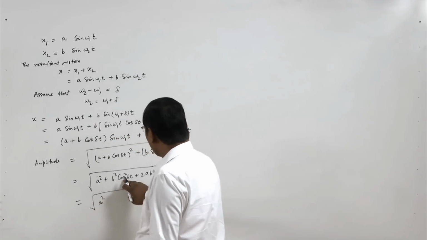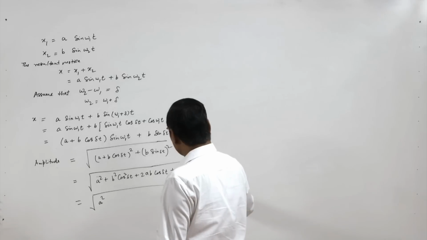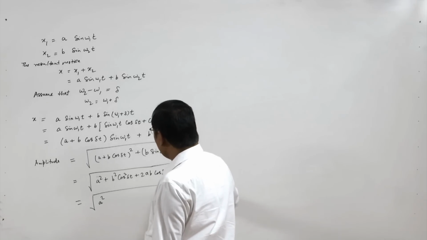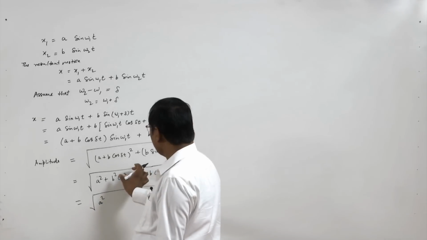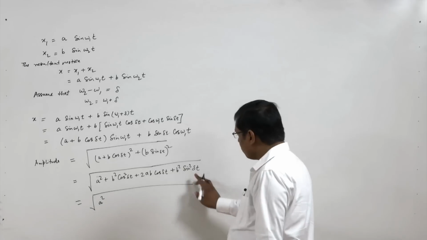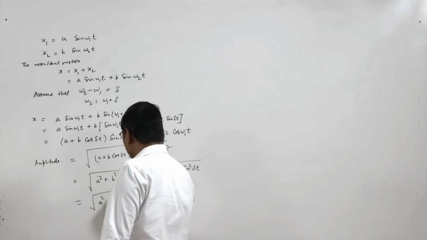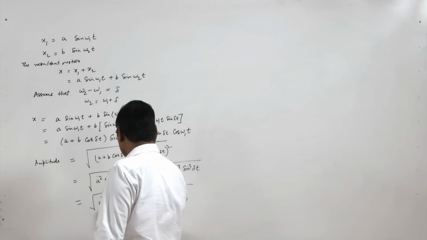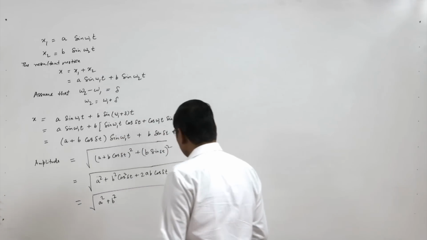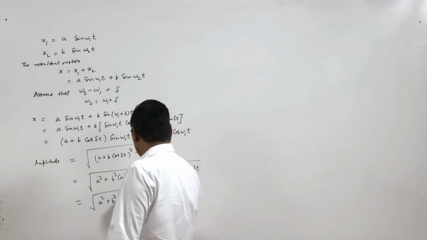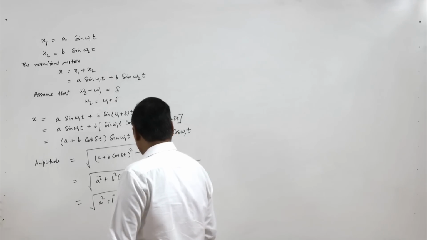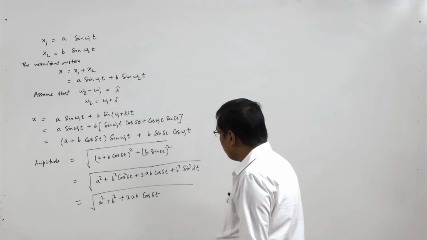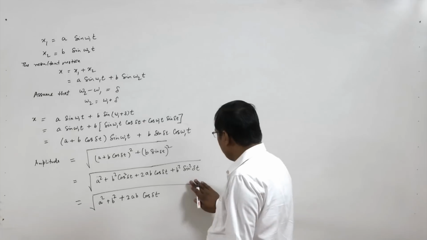So here b square cos square delta t and here is b square sin square delta t. So we can write b square (cos square delta t plus sin square delta t), and cos square delta t plus sin square delta t equal to 1. So it will be b square, so it is like a square plus b square plus 2ab cos delta t.